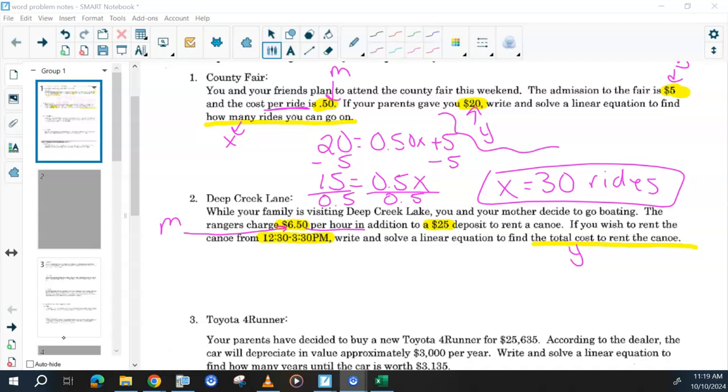Normally we can determine if something is our x by looking at what is next to the per. Like in the first one, per ride, the number of rides was x. So that means the number of hours is going to be x. Which means the 25 would be b, because you're only paying $25 once to get the canoe, and then you have it for as long as you have it.